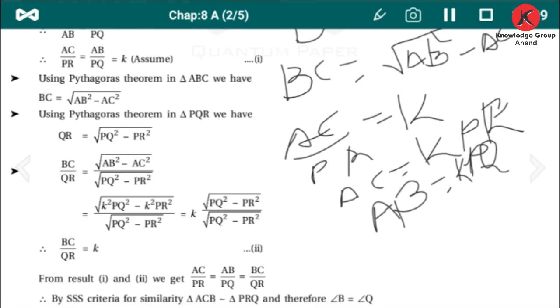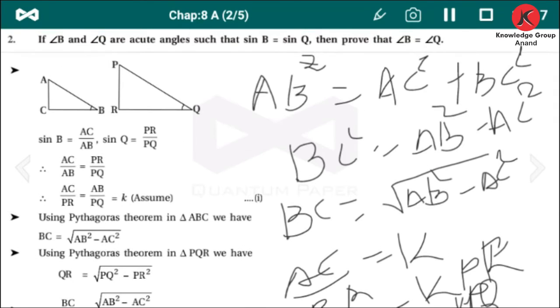Therefore, by SSS criteria, triangle ACB is similar to triangle PRQ, and therefore angle B is equal to angle Q.